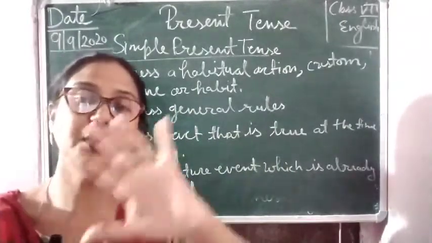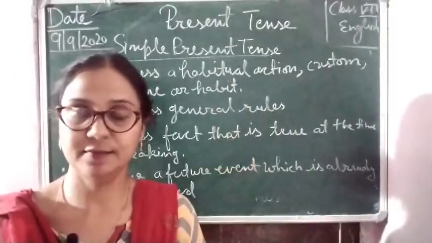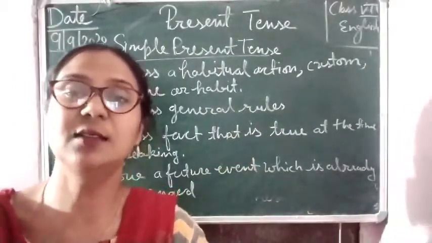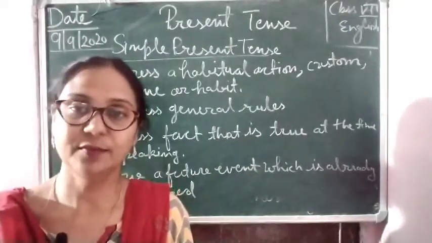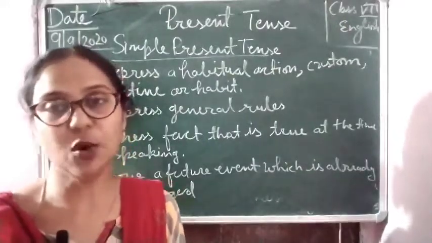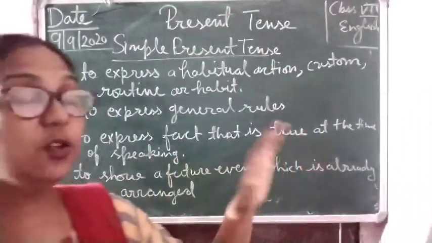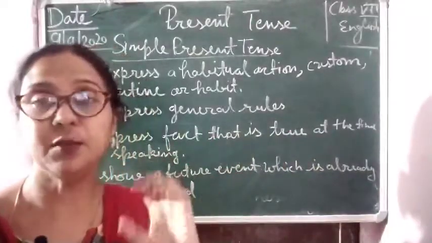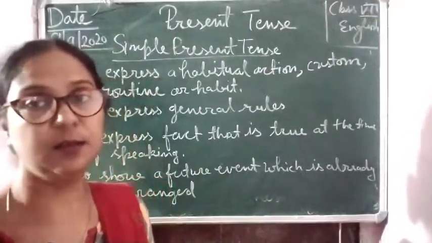There are beautiful flowers around us. So in this way, we can see that whenever we are expressing facts that are true at the time of speaking, we are supposed to use simple present tense.